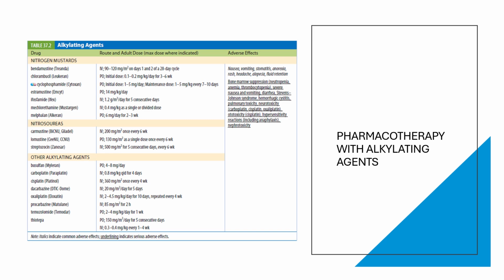Although the process of alkylation occurs independently of the cell cycle, the killing action does not occur until the affected cell attempts to divide. The alkylating agents have a broad spectrum and are used against many types of malignancies. They are some of the most widely prescribed anti-neoplastic drugs. These drugs are listed here in this table.